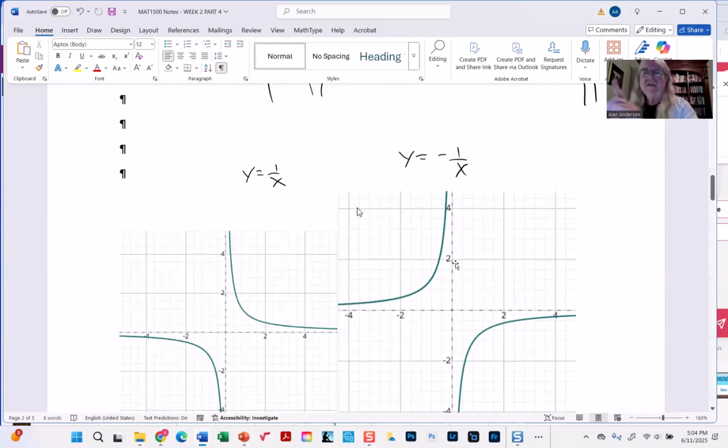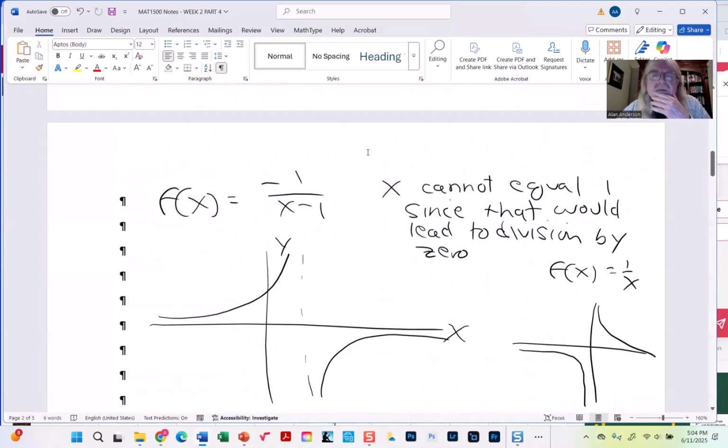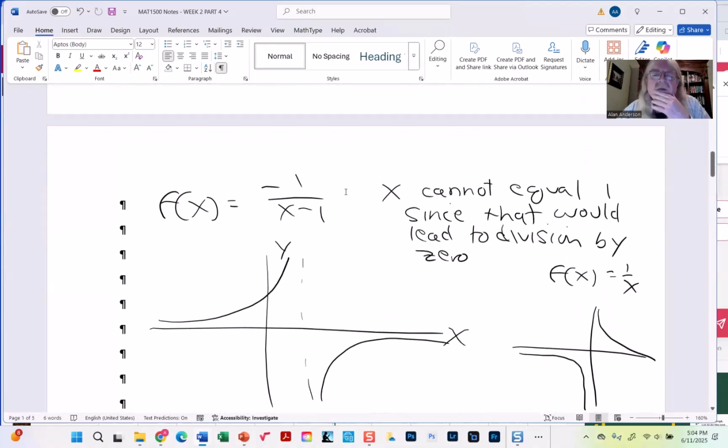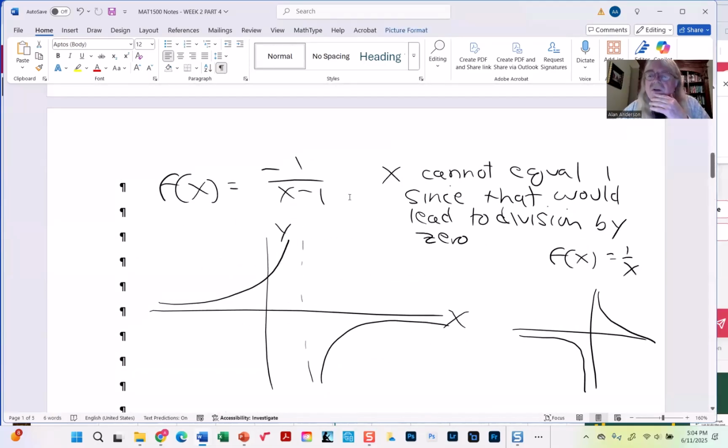And of course, visually, you can see that they are mirror images of each other. It's like we took a big mirror and we reversed the function when we went from 1 over x to negative 1 over x. Okay, so that is why when we come to this case, negative 1 over x minus 1, you can see it looks like this one, except the vertical asymptote is 1 instead of 0.